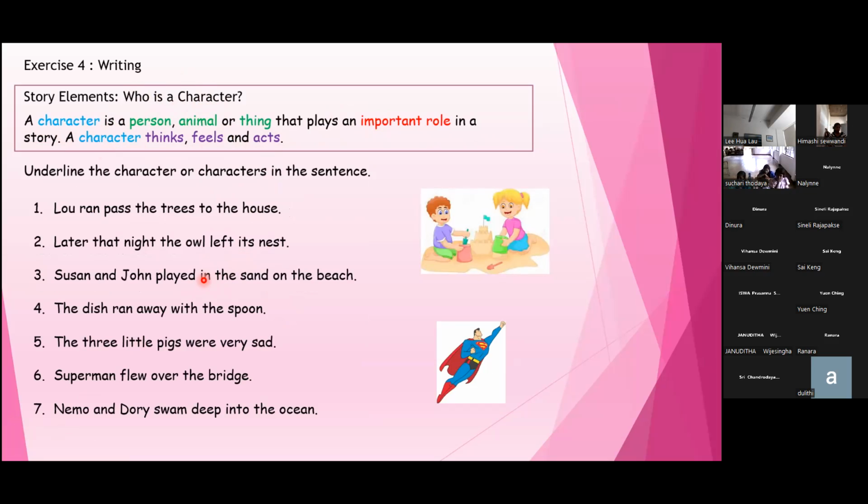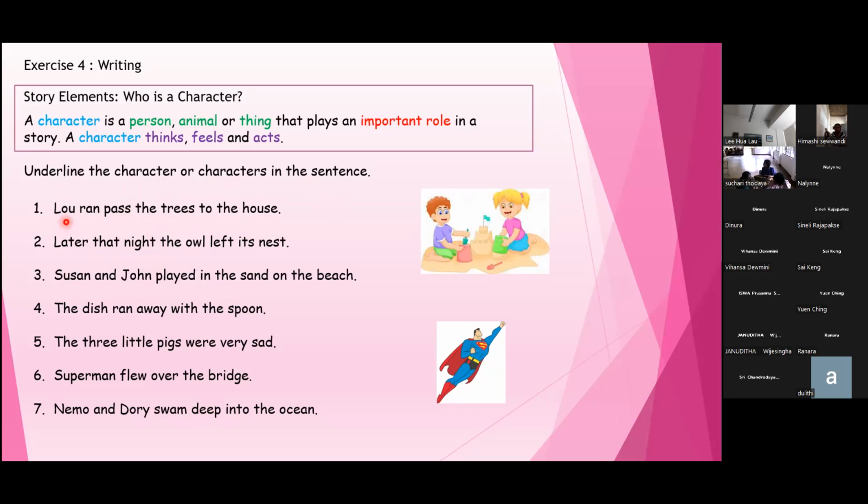So we are the characters of this story, all right? So these sentences here have at least one or two characters. Your job is to underline the character or characters in each sentence, all right? Who would like to read the first sentence and tell me the name of the character of this story here? Can anybody read the sentence?